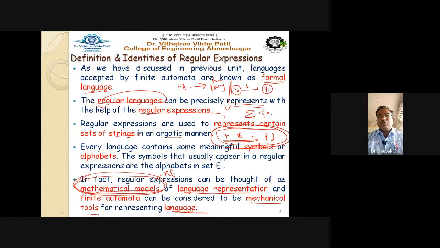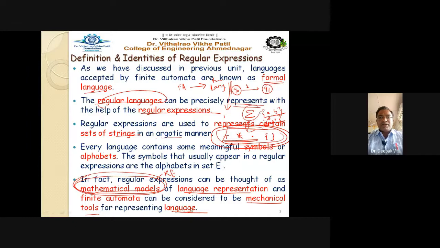It consists of a, b, or sigma consists of 0, 1. We have any number of input alphabet symbols, a, b or 0, 1, and we have the operators. The same language can be represented by using this input alphabet and these operators, and that is called your regular expression.